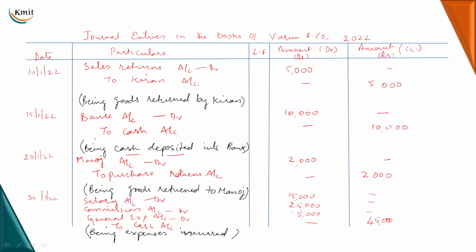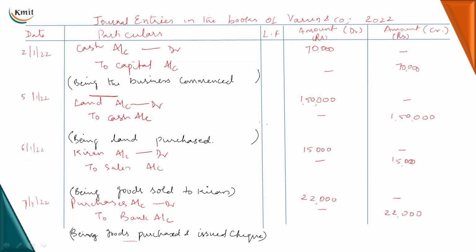Now the procedure of entering all these entries into the ledger account will start with opening different accounts for each and every item that is listed out here: cash, capital, land, Kiran, sales, etc. The name of the item will be your account name.